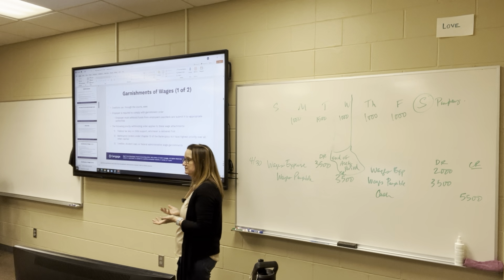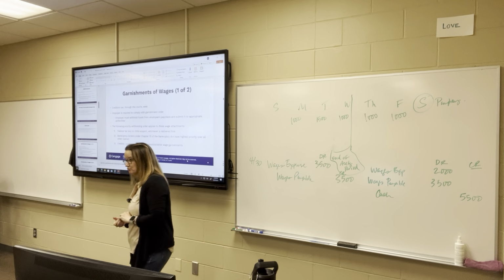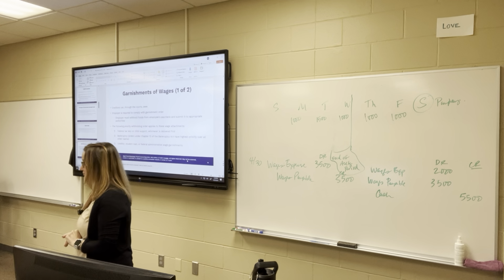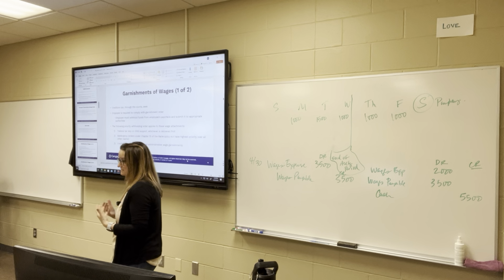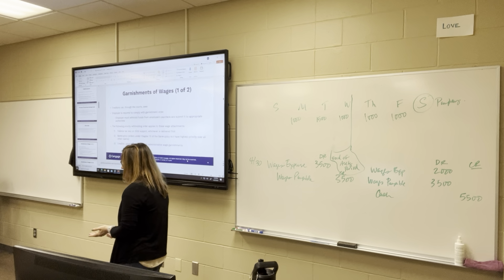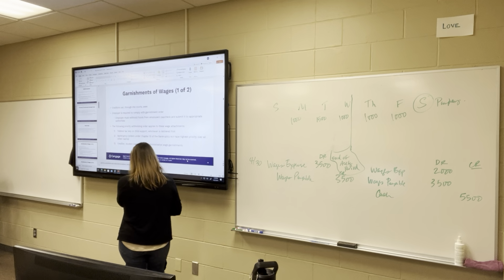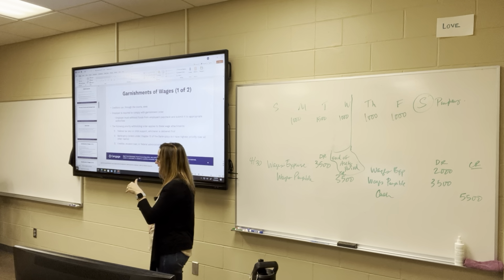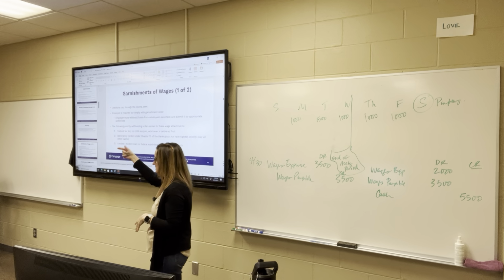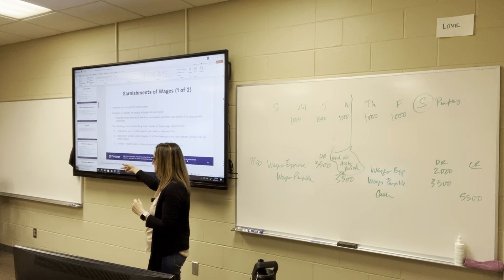If individuals are in arrears or owe money on, say, child support, back taxes, or certain other types of creditors, and they're not getting payment, they can garnish wages. They send a notification to the payroll department at the company saying, hey, so-and-so employee owes X amount of money. You need to withhold this amount and send it to us directly.